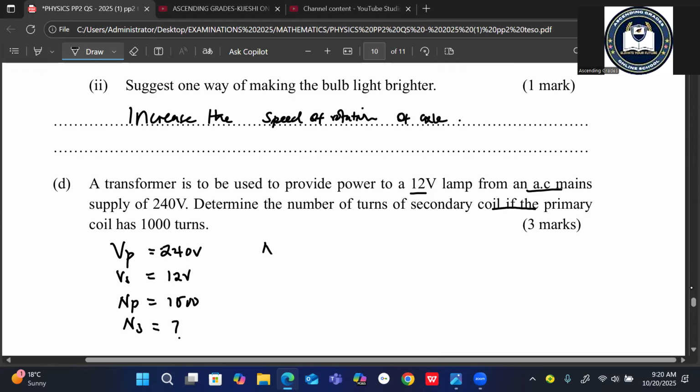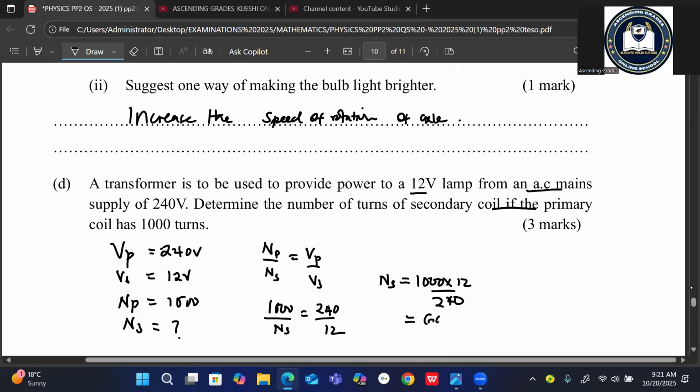Therefore, we know from the formula NP over NS is equal to VP over VS. Therefore, 1000 over NS is equal to 240 divided by 12. So my NS becomes 1000 times 12 divided by 240. And this is giving me 60 turns.